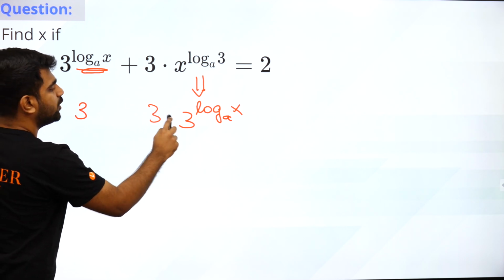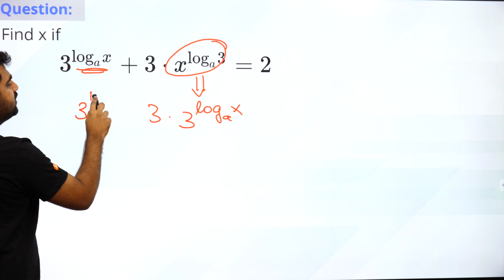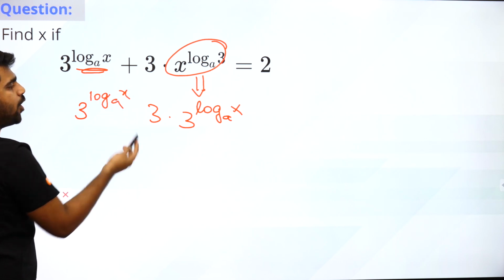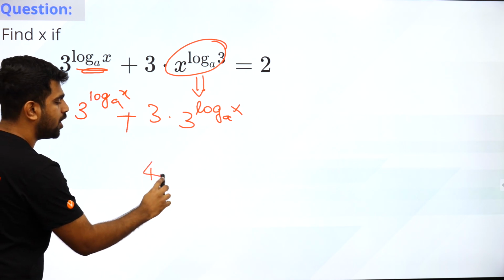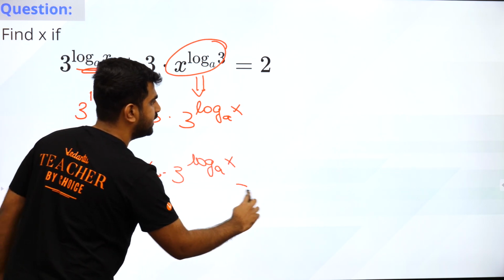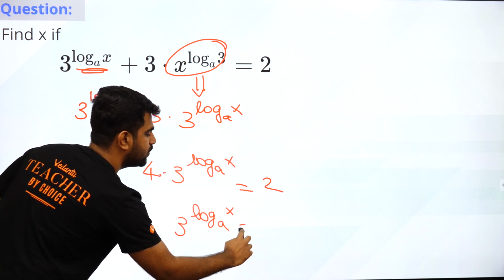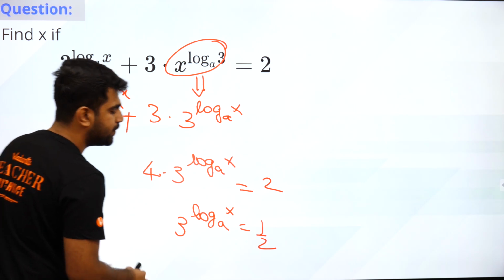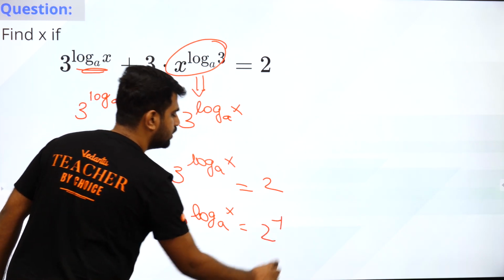So we have 3 times this, which reduces to this, and we have 3 to the power log x base a already there. When you add both of them, what do you get? You get 4 times 3 to the power log x base a is equal to 2. So 3 to the power log x base a is equal to 1 by 2. So 1 by 2 can be written as 2 to the power minus 1.